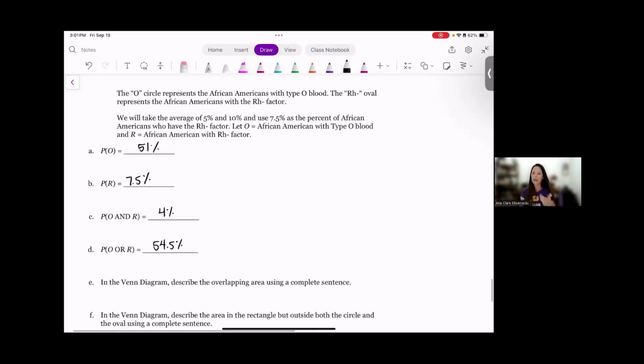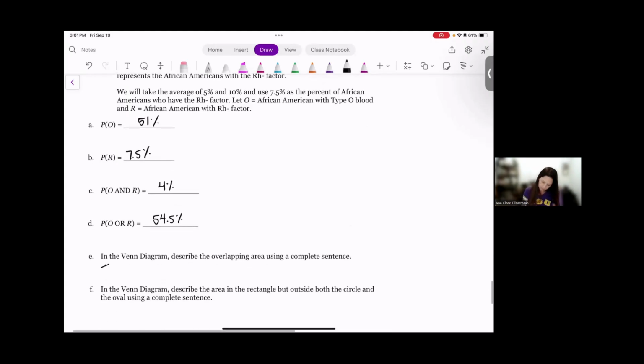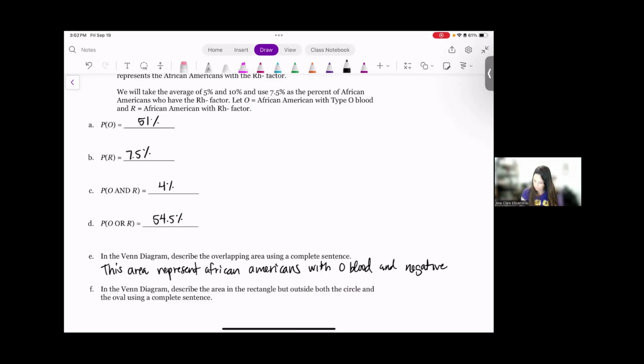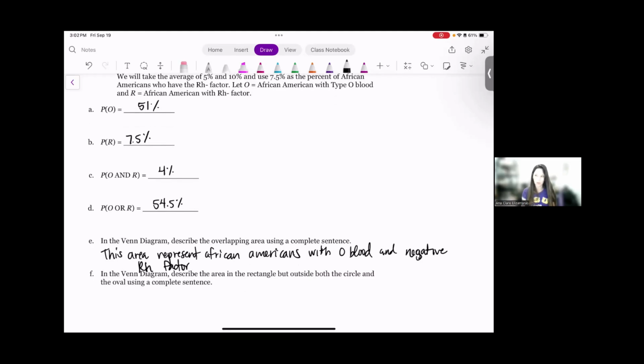The overlapping area are African Americans who have type O blood and have the RH negative factor. The area in the rectangle that's outside the circle and the oval have neither type O blood nor the RH factor.